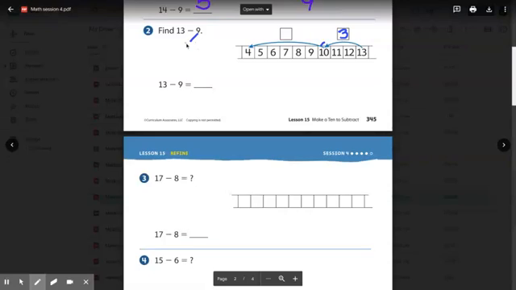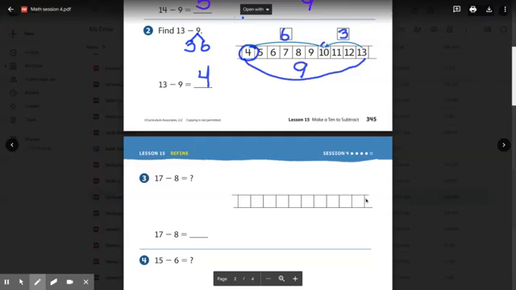So we took 3 out of that 9, but we still have more to go. And you should know that 3 plus 6 is 9. So we jumped 6 more places, and that brought us down to 4. So if we add up 3 jumps plus 6 jumps, that is our total of 9 jumps, and our answer is 4. 13 minus 9 equals 4.